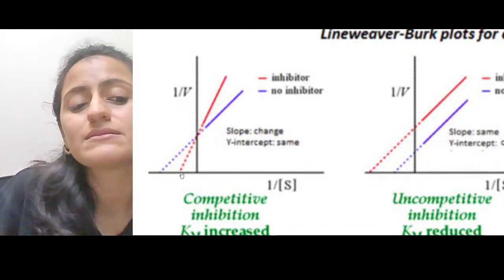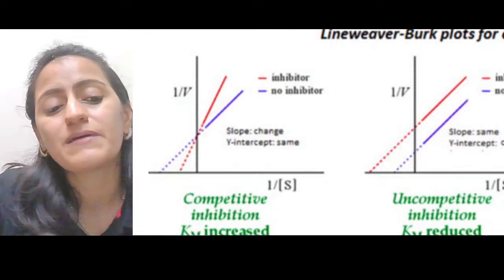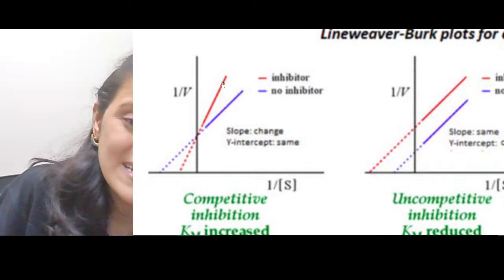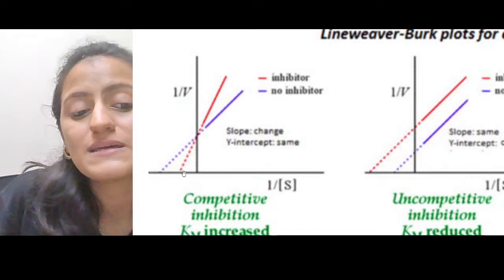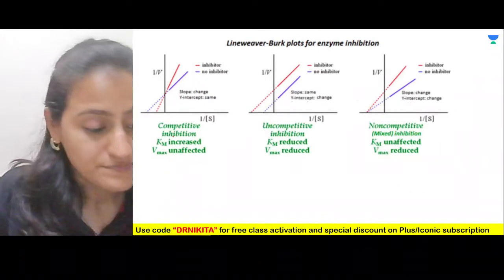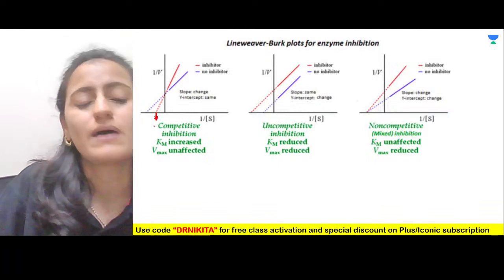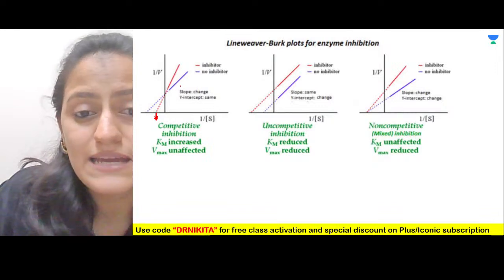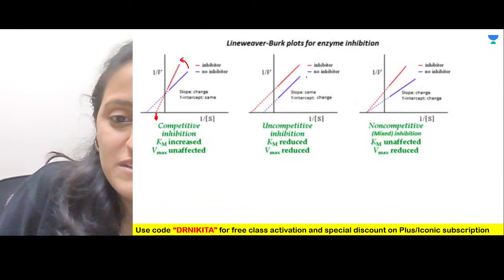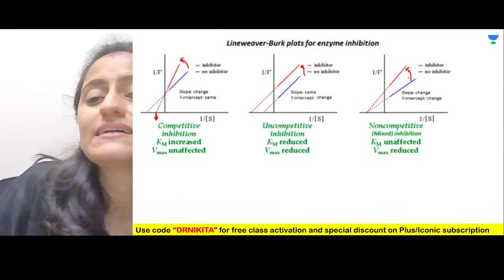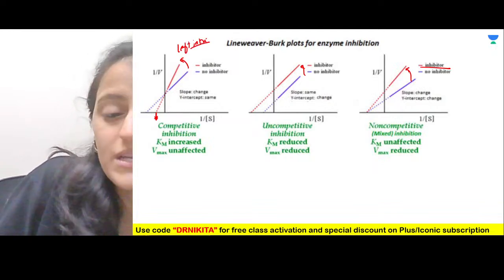Remember, this is 1 by S. The inhibitor graph is the one in which the negative value is less negative. That means the substrate concentration that we require is more. So what you need to remember in the Lineweaver-Burk plot is that the one on the left is the inhibitor. The left one is the inhibitor.